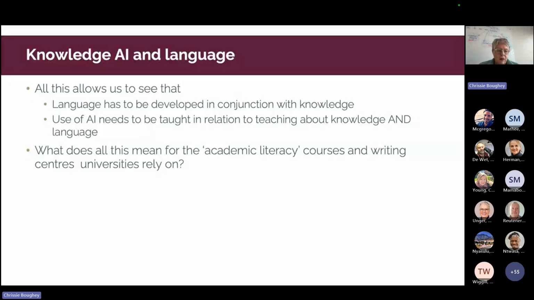So then the question, what does all this mean for academic literacy courses and writing centres that the universities rely on?